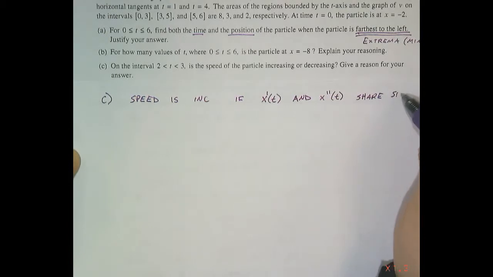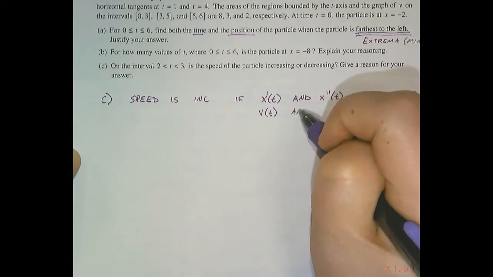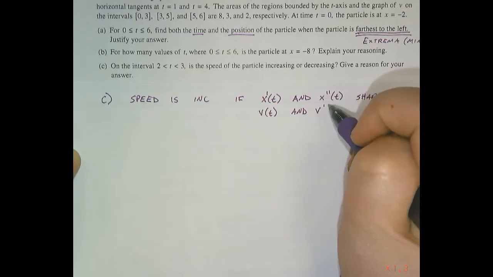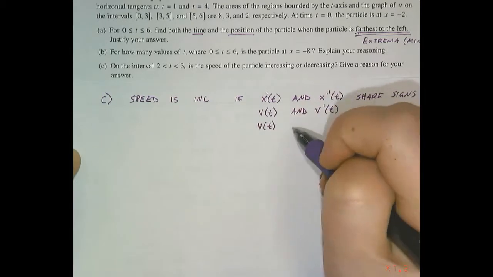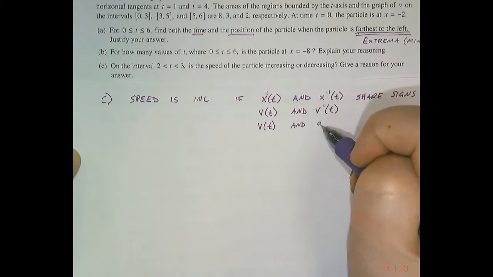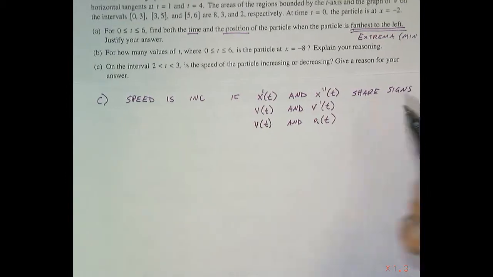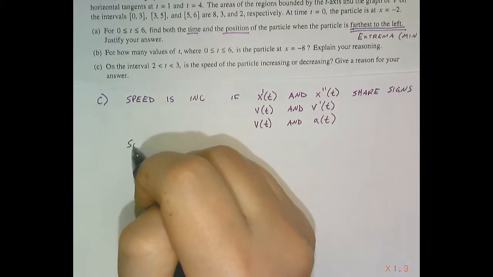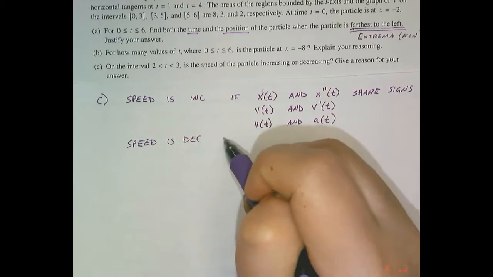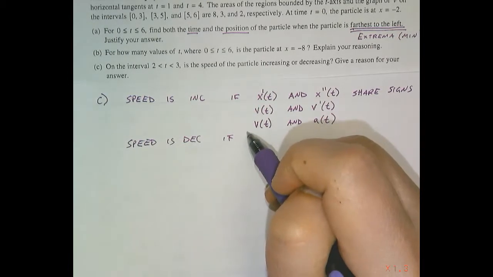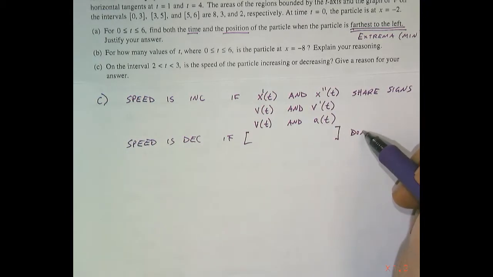Or another way to say that is if v of t and v prime of t share signs, or if you want to use velocity and acceleration. So speed will be increasing if that's the case here. Speed is decreasing if those things don't share signs.